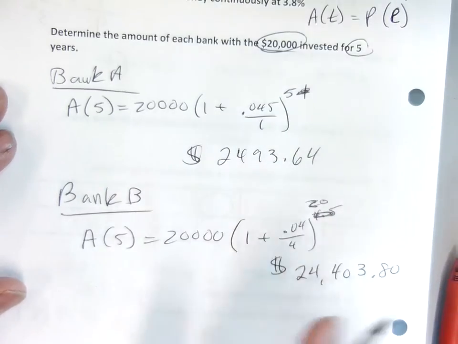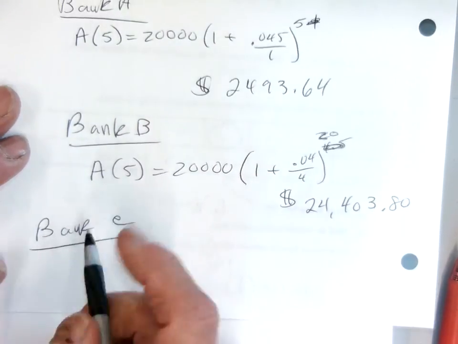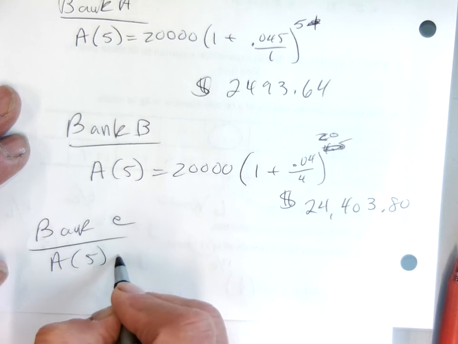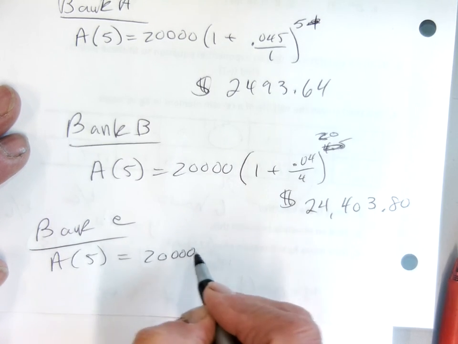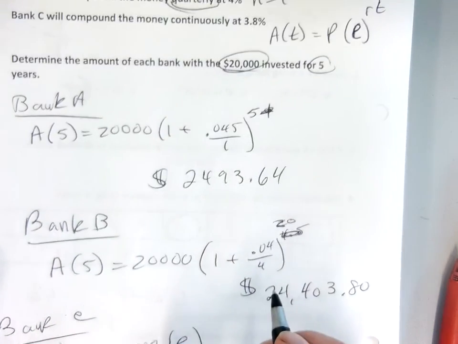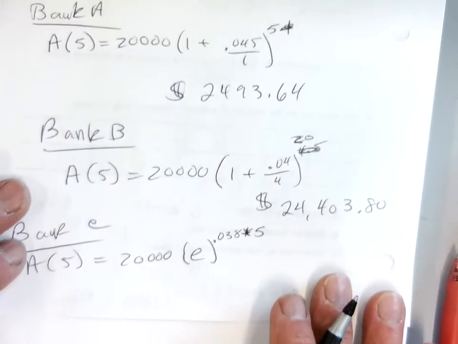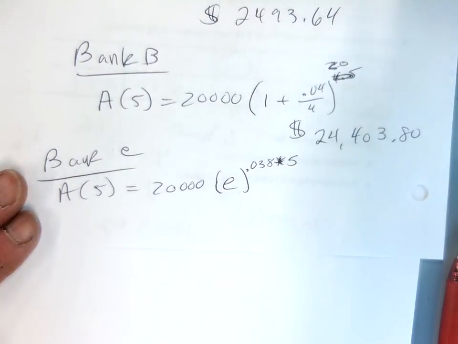And then Bank C when you're ready, and I'll have it done. A of 5 equals 20,000 times e to the 0.038 times 5. Did you get that answer? Okay, here's the last one.